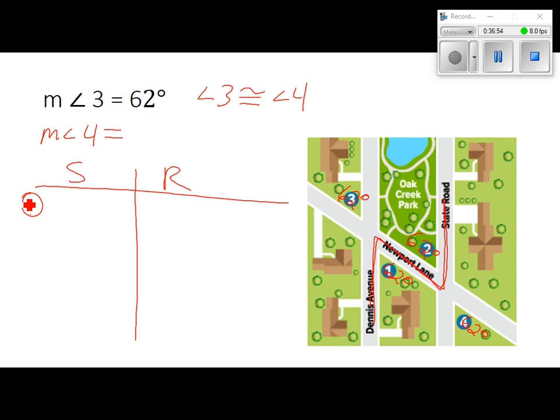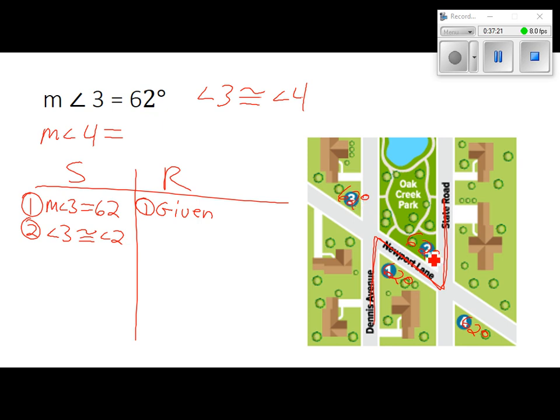We already knew that the measure of angle 3 is 62, right? That was given to us. We could say angle 3 is congruent to angle 2 because what kind of angles are they?